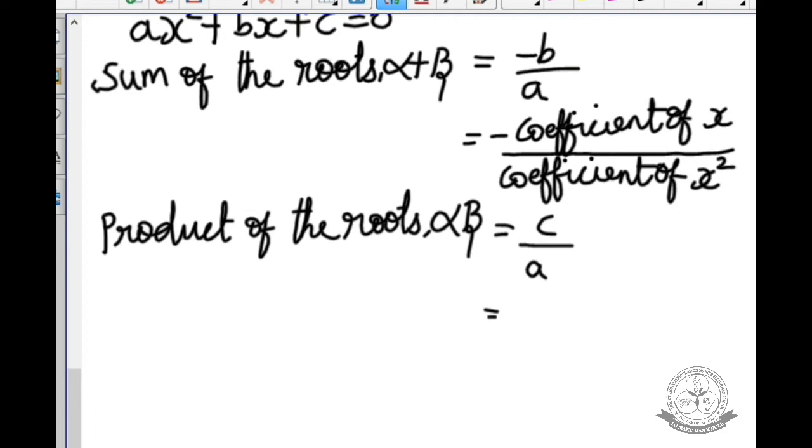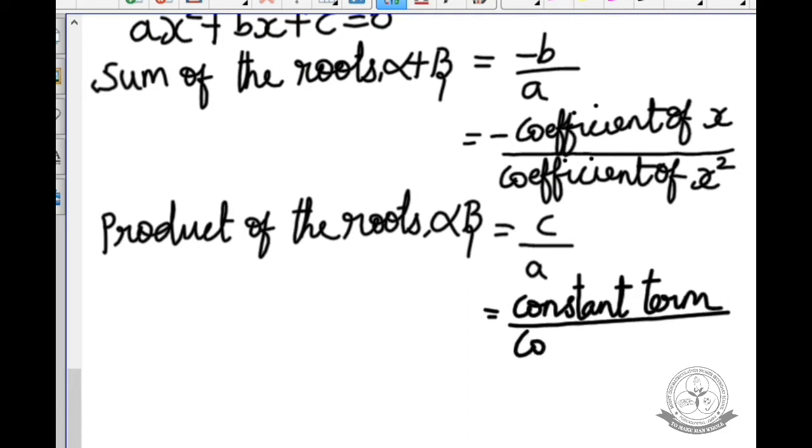C means constant term, so constant term divided by coefficient of x square. So using these formulas, we have to find the answer.